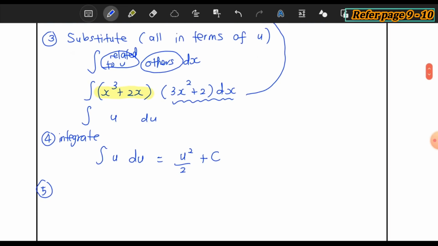We need to state our final answer in terms of x. Therefore, this is equal to x cubed plus 2x squared divided by 2 plus c.